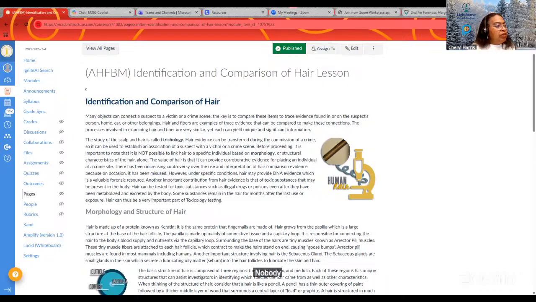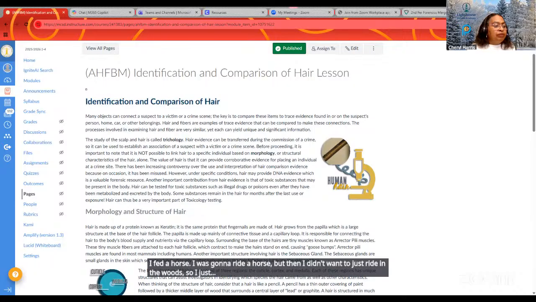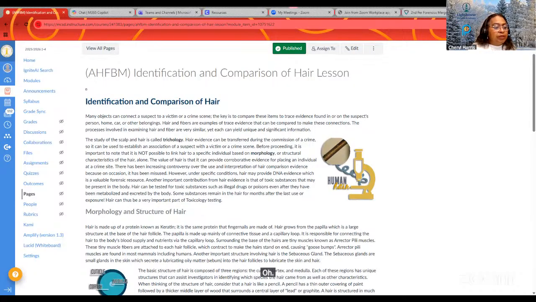Nobody did anything interesting? I fed a horse. I was going to ride a horse, but then I didn't want to just ride in the woods, so I just went and visited the horse farm. Family from Chicago. Looked at horses and cows. I kind of did that too.